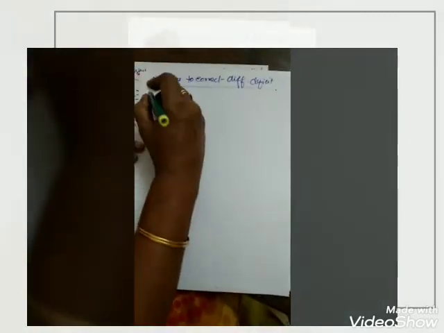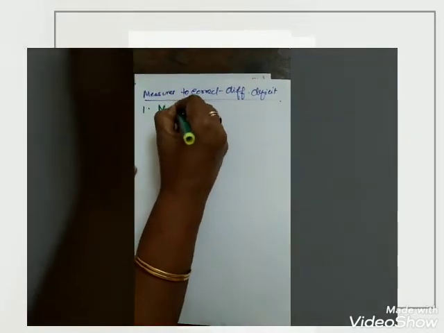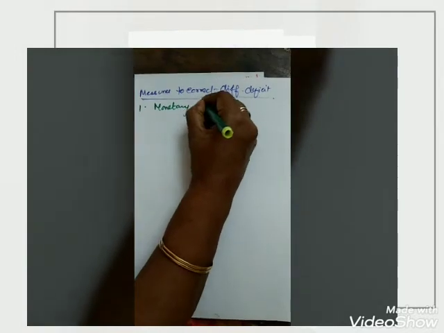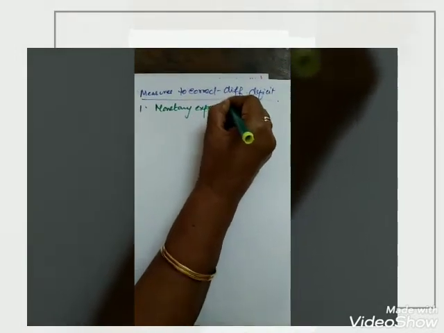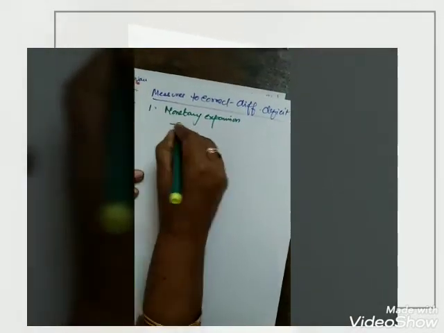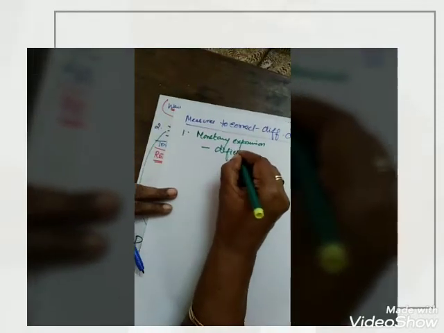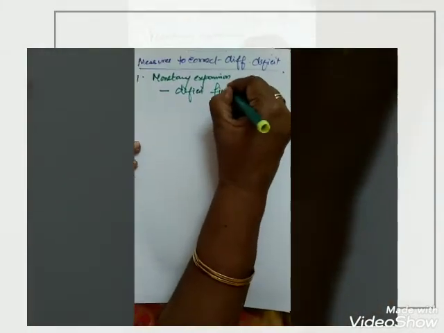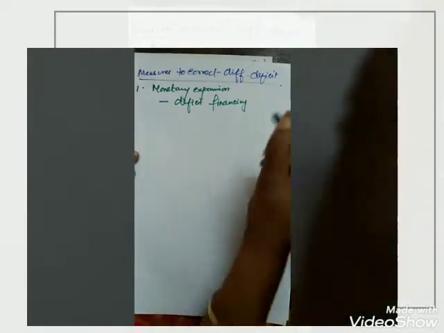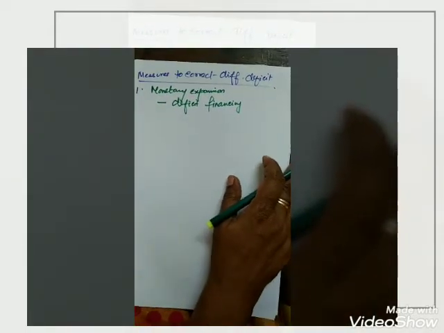First one is monetary expansion. That is nothing but deficit financing. What is the meaning of it? We already studied, no? What is called deficit financing?